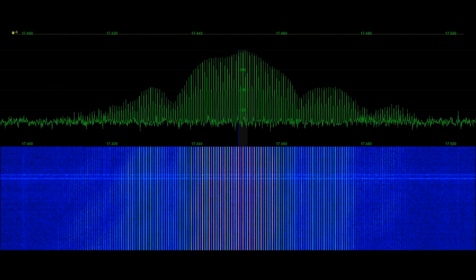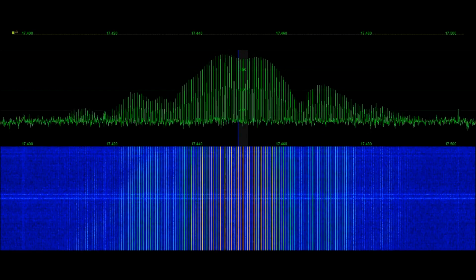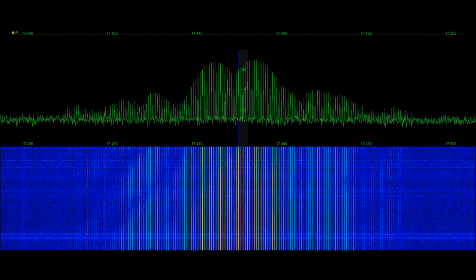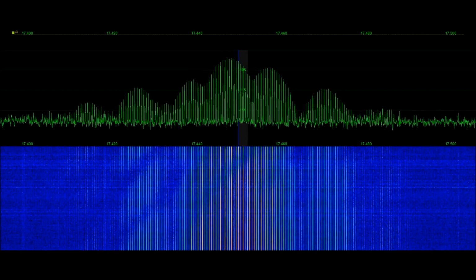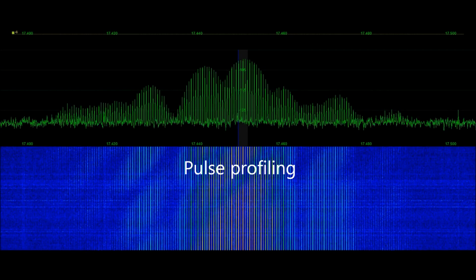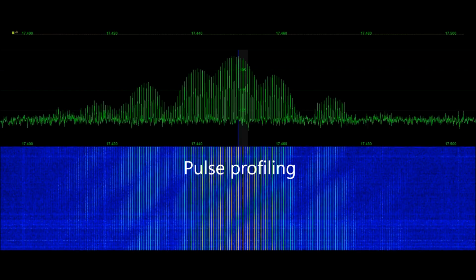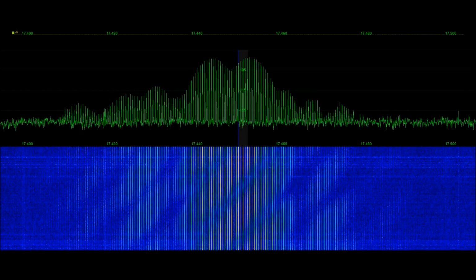So to combat this, what radar engineers have determined is the best course of action is to apply a technique called pulse profiling. And pulse profiling is applied to the signal even before it gets transmitted.